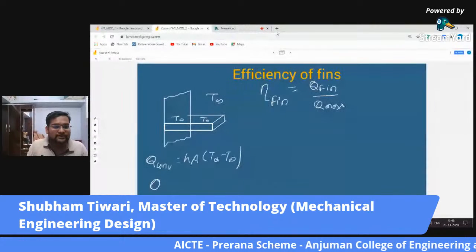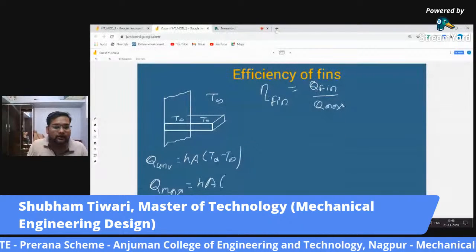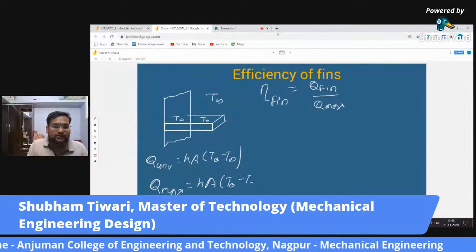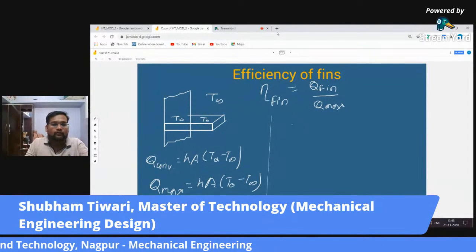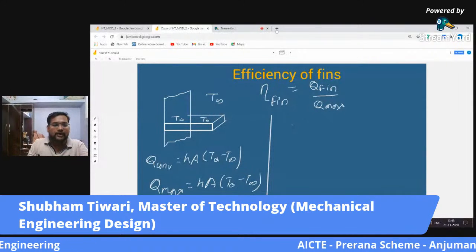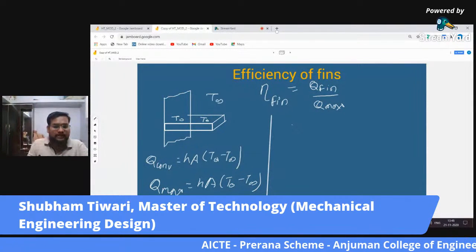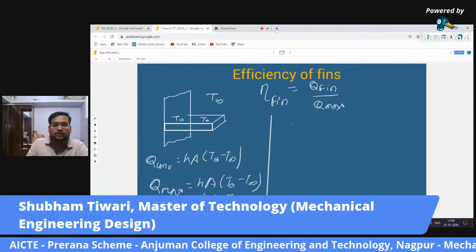So the maximum heat transfer will be HA(T naught minus T infinity). I hope you got this concept. What is the maximum value of this? Ultimately we can write it as HA times theta naught.